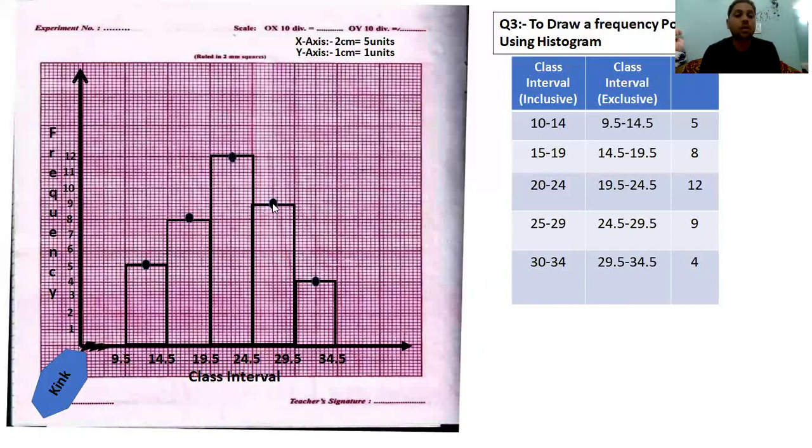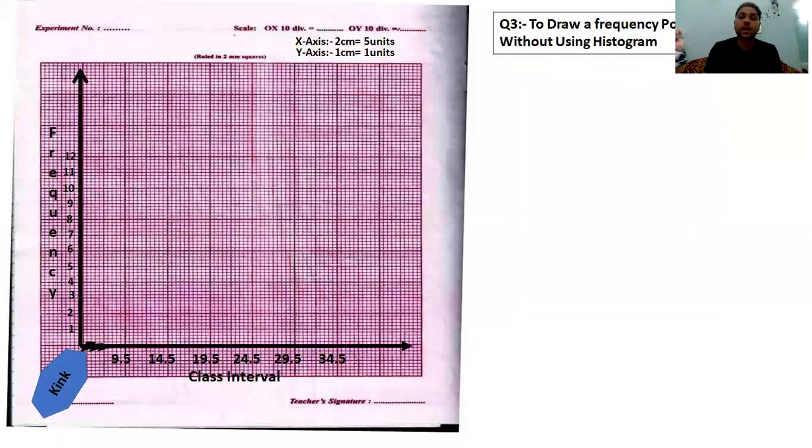We have all the middle points here. Then join these middle points using straight lines. This will be your required frequency polygon. Understand? This is how you can create a frequency polygon using a histogram.